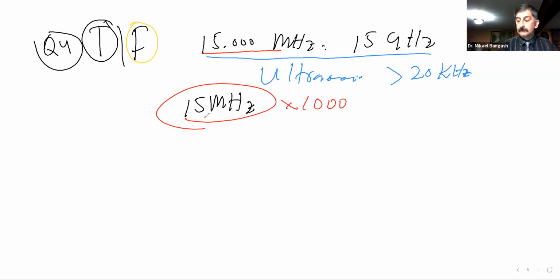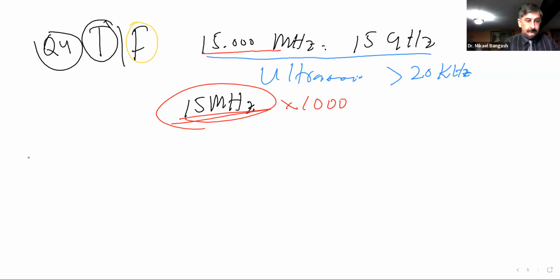Did that make sense? But any frequency greater than 20 kilohertz will be ultrasonic. But this one here cannot be used for diagnostic imaging, because in that case the maximum range was 15 megahertz. Did you guys get that? Good.